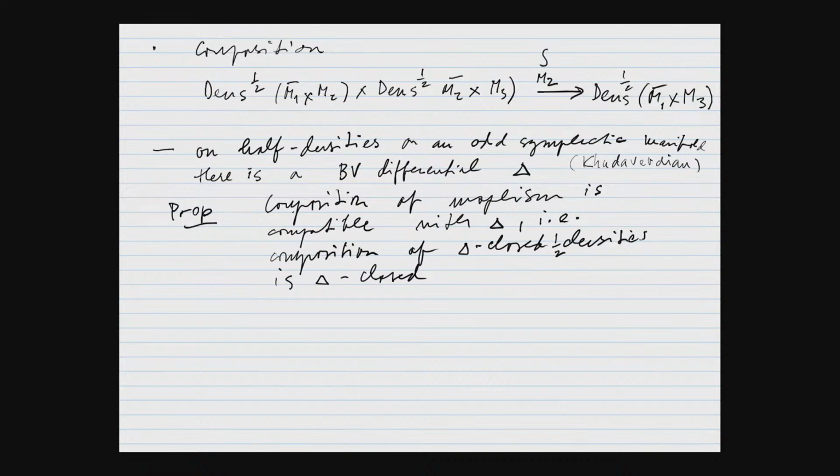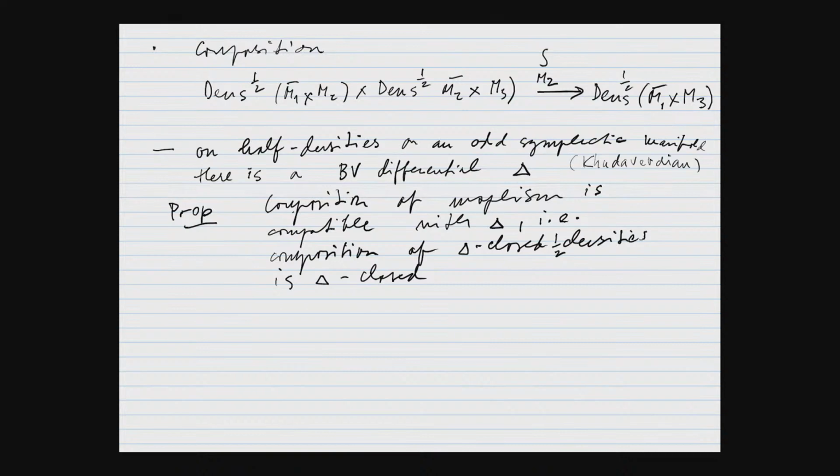And since we know that on half densities on an odd symplectic manifold, we have a Batalin-Vilkovisky differential, you can easily prove that composition of morphisms is compatible with the Batalin-Vilkovisky delta.